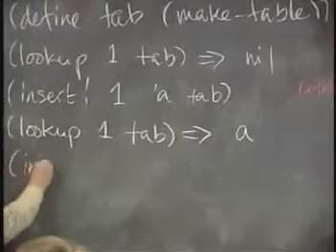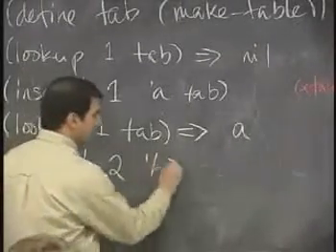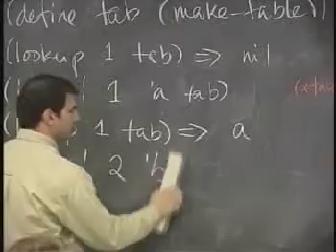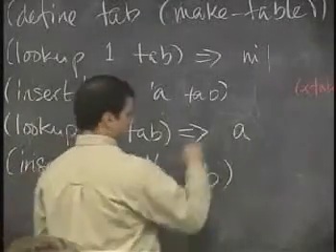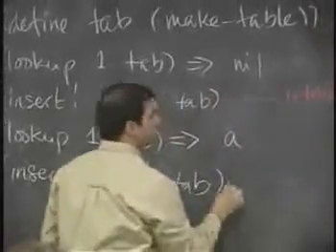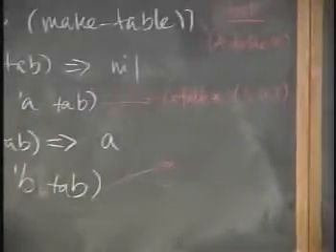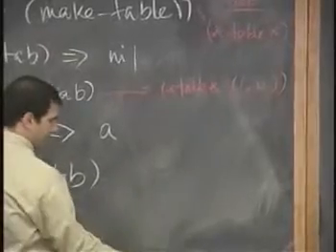Now if we do insert bang of 2 and B, whoops, drop the table again, on table. What are we going to get? Star table star. Let me write it down here.